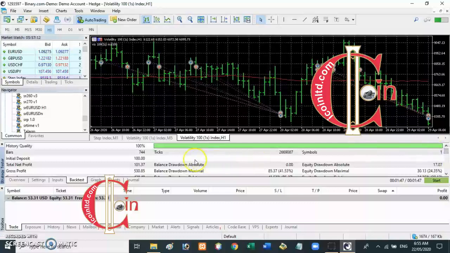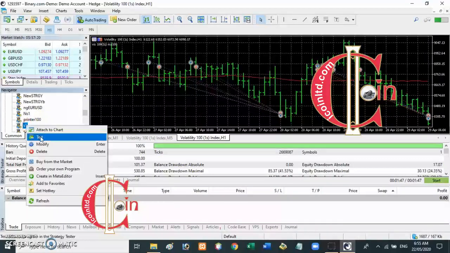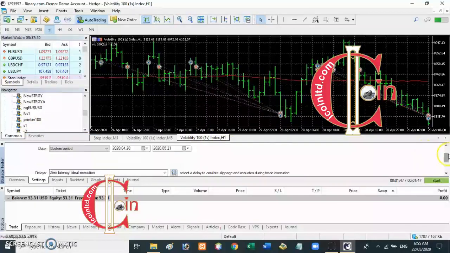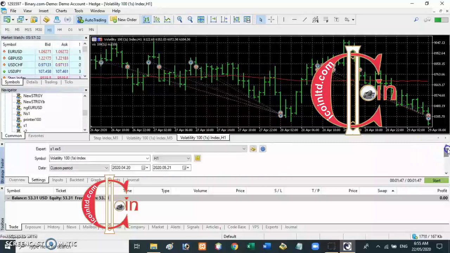So let's see. There's another one I wanted to test. Yeah, I think this one, S1, I think that's the name. So we go with S1. And the asset, that one is not for this Volatility 100. You should also know that every robot has where it plays its role.